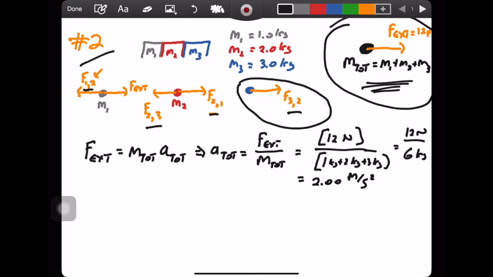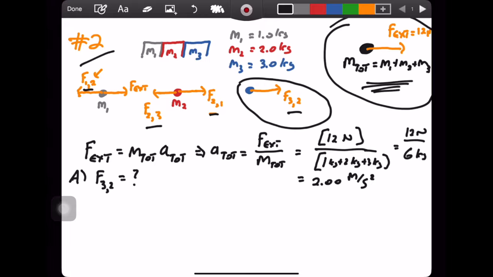Since we know the acceleration every single one of those blocks is moving at, we can then go to the individual free body diagrams for each block and figure out what individual forces on those individual masses are. So in part A of this problem, they want us to determine what is the force on block 3 from block 2.